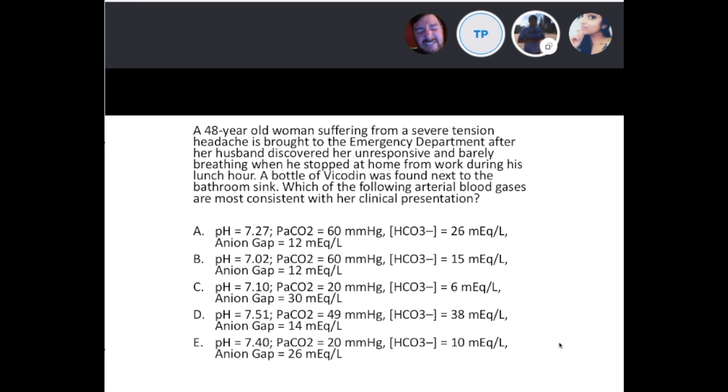In B your bicarb is low, and in A your bicarb is normal. So if you are in respiratory acidosis, shouldn't your bicarb be higher? Like D, for example, if it was 60 and 38 with an acidotic pH, that would make more sense in respiratory.